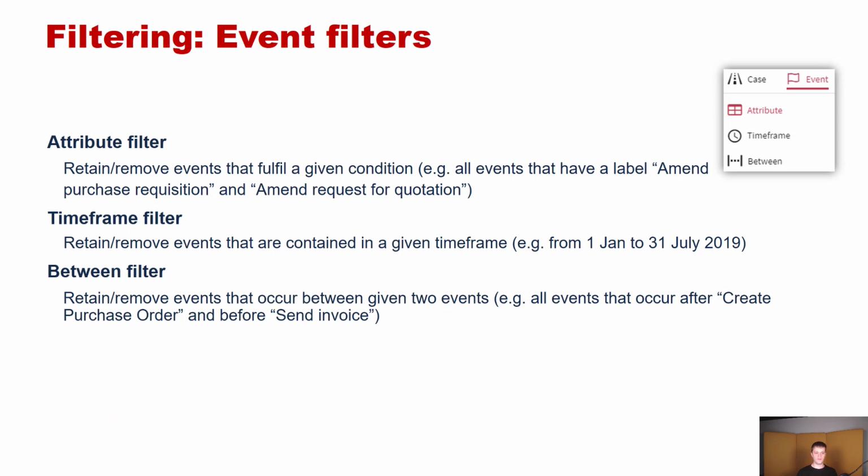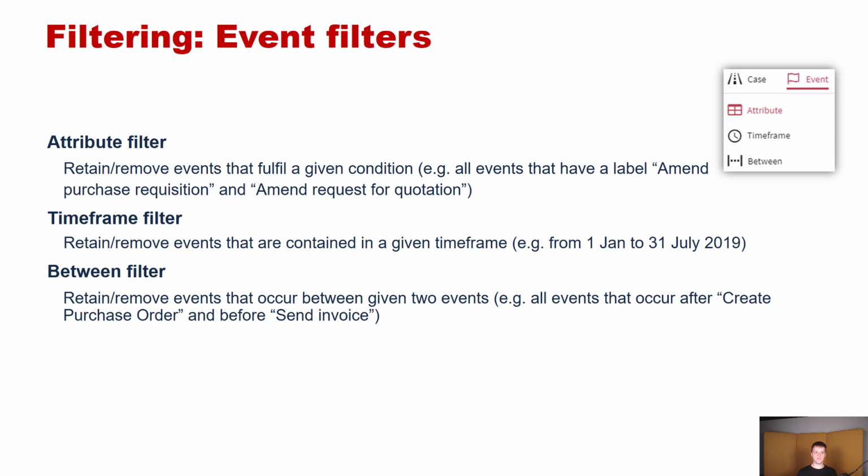So in addition to removing some cases from an event log, it is possible to actually strategically remove some events from the event log. This can be done via using attribute filters, time frame filters, or between filters. And the important thing to realize here is that removing an event from an event log doesn't necessarily remove any cases.